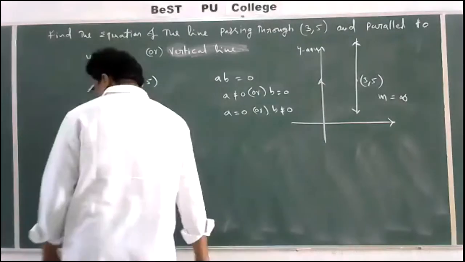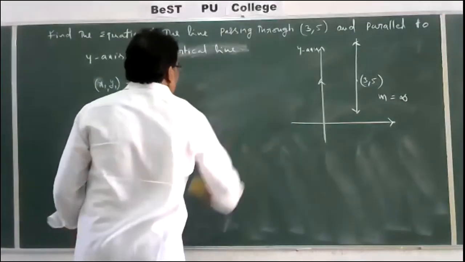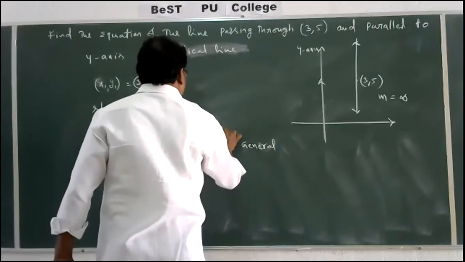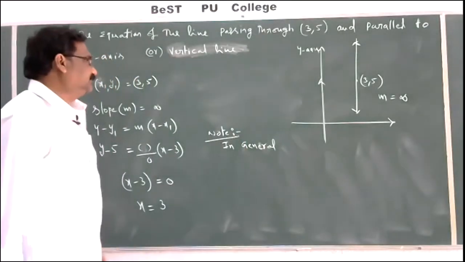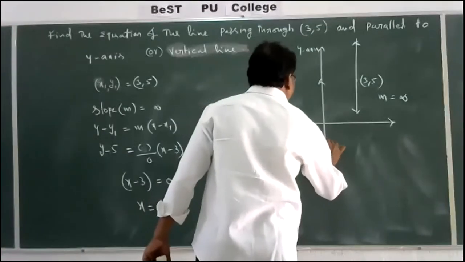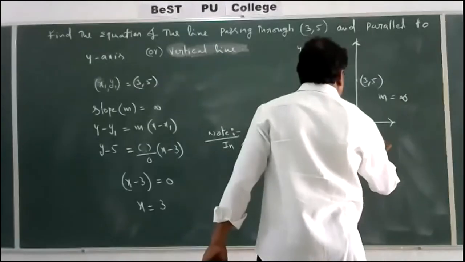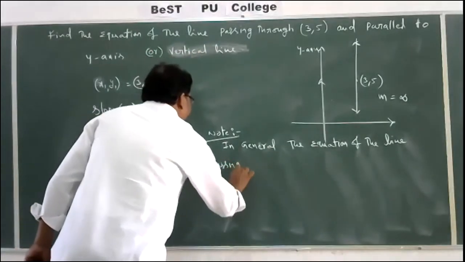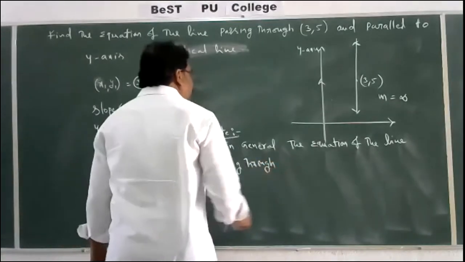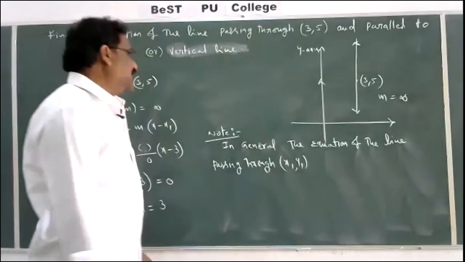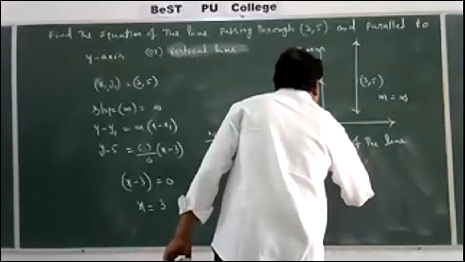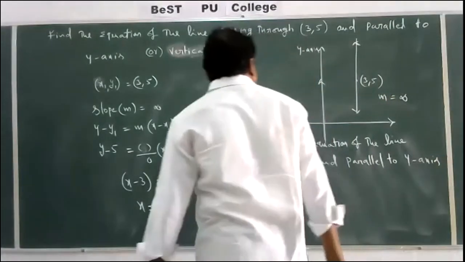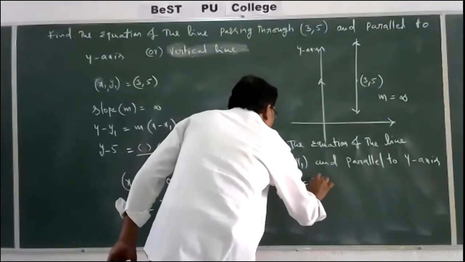That's why, in general, note, the equation of the line passing through x1 y1 and parallel to y-axis is x is equal to x1.